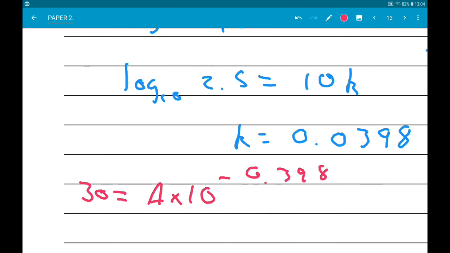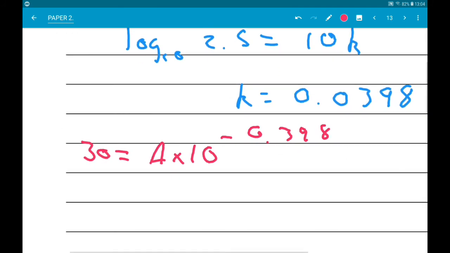Now divide through by the 10 term and we will get A is 75.